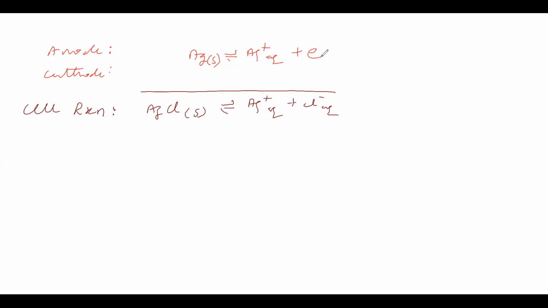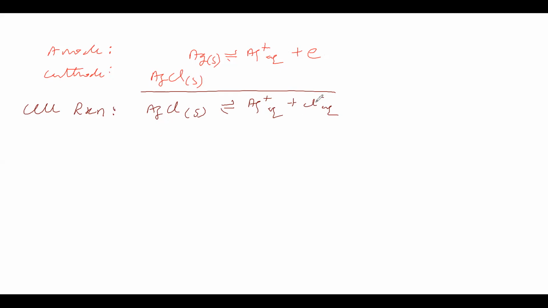Then we have to see the cathode. In the cell reaction, on the left side AgCl solid is there. The anode we already concluded is silver, so for this AgCl solid, the possibility is that it is the cathode. On the right side, Cl minus aqueous is there.